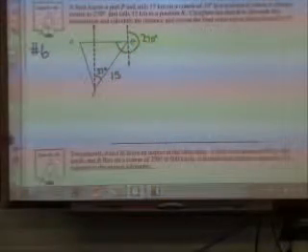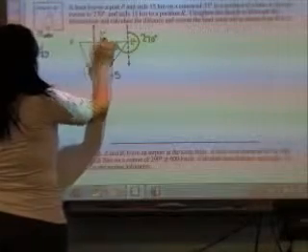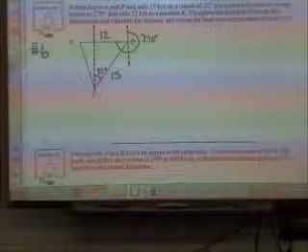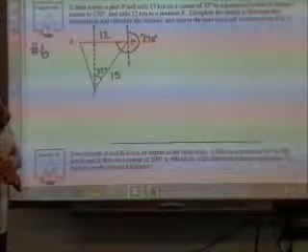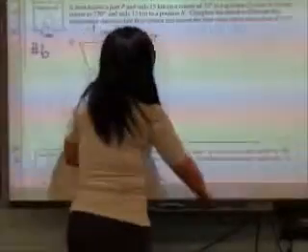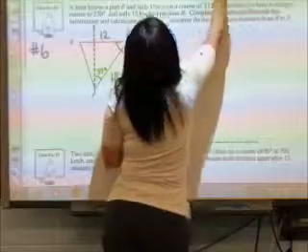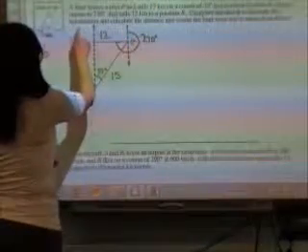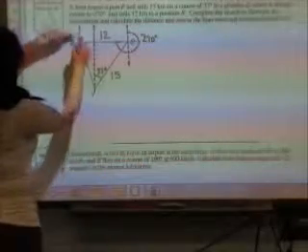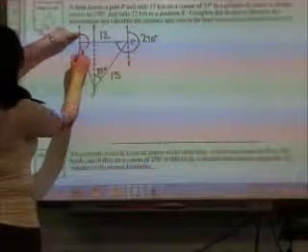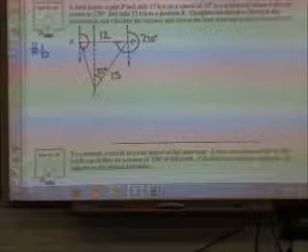And I sail 12 kilometers to point R. And the question that I have to answer is, what is the distance from R to P, and what is the course? So the course meaning when I'm at R and I'm looking at north-south again, I need to figure out this in here. That's going to be my angle bearing.